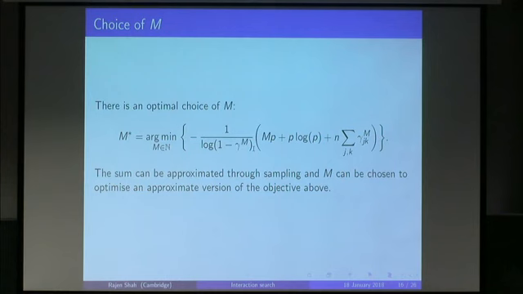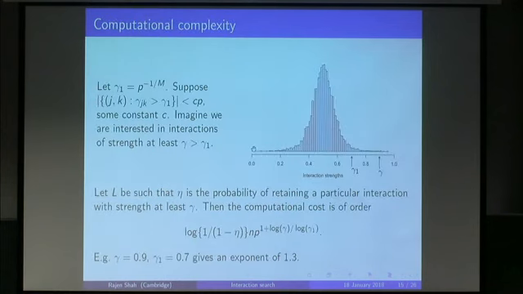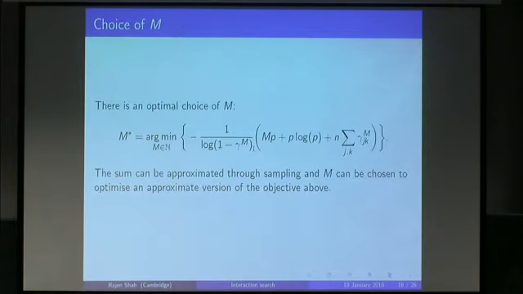Okay, so this choice of m relied on this gamma 1 being somewhere in the tail of this distribution. We can be slightly more precise about what m we want to pick. We can look at the computational complexity of the algorithm and try to minimize that with respect to m, and we see that we want to minimize a quantity of this form.